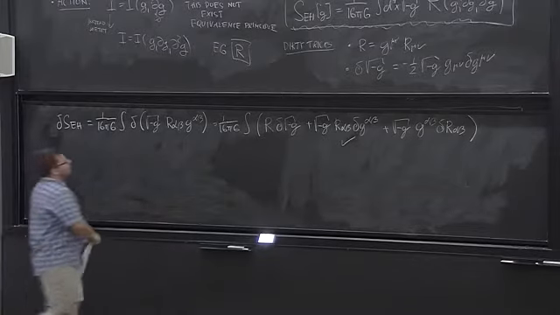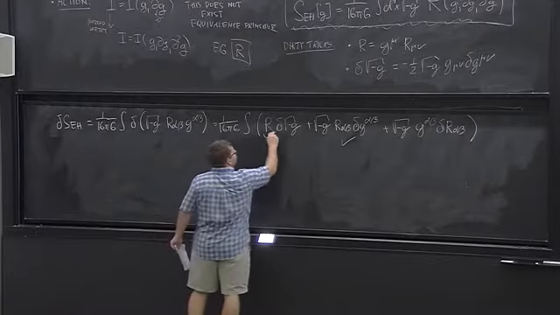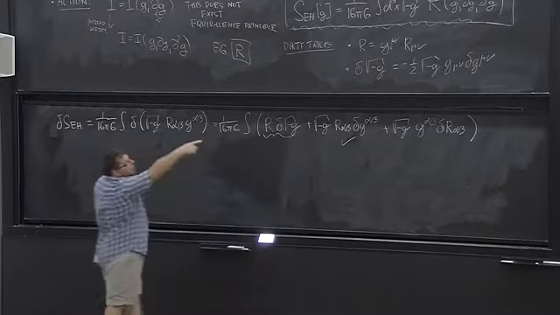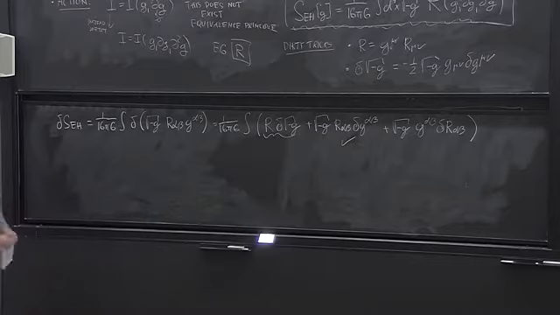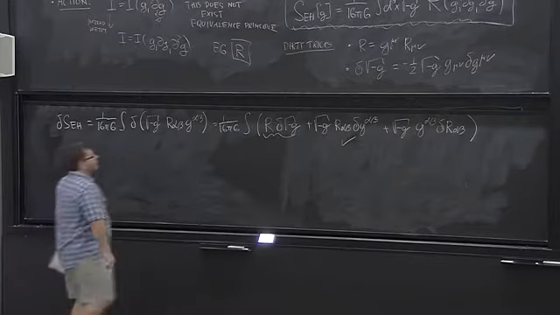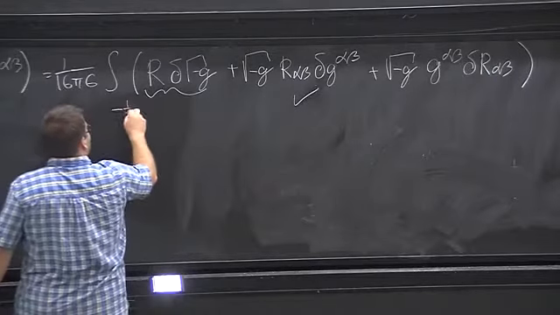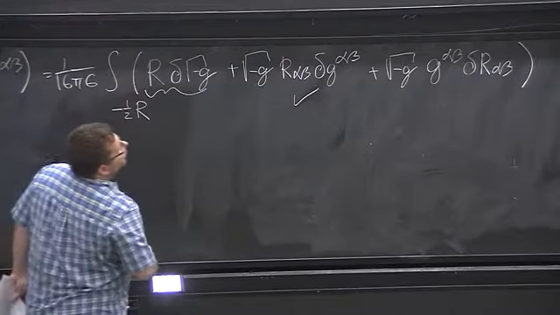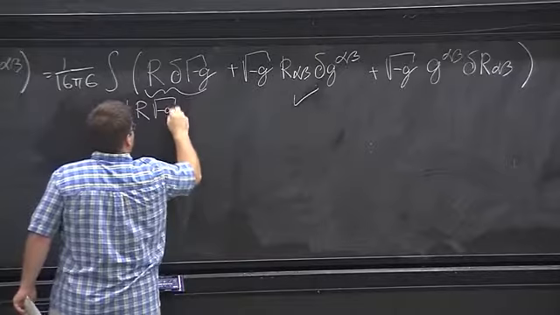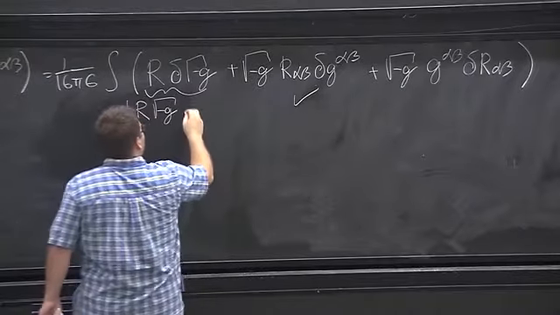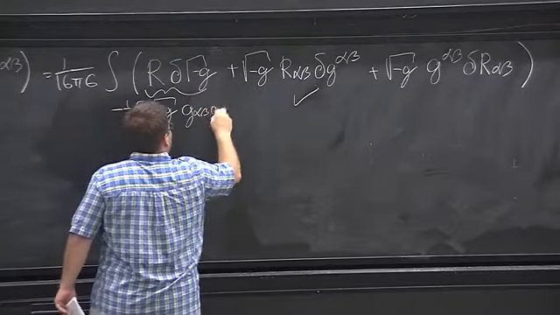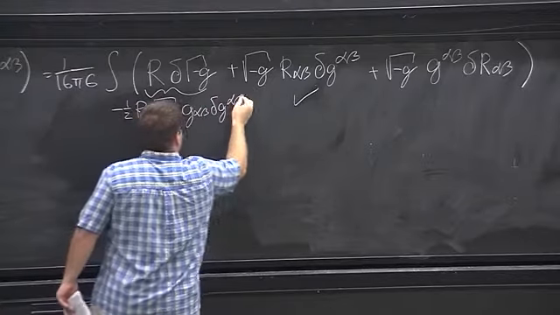For the first term, I just use the trick you derived in your tutorial, so this is minus 1/2 R square root of minus g, g alpha beta delta g alpha beta.